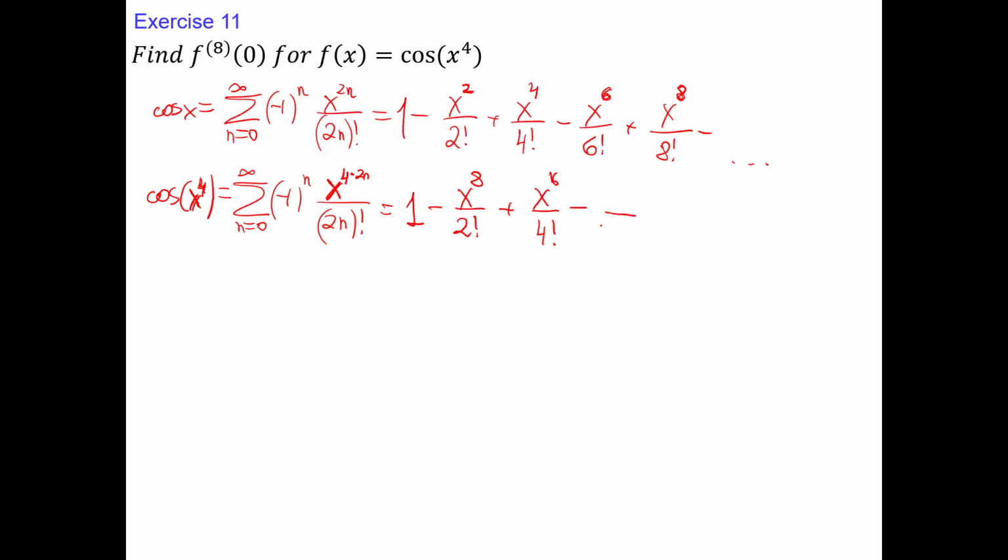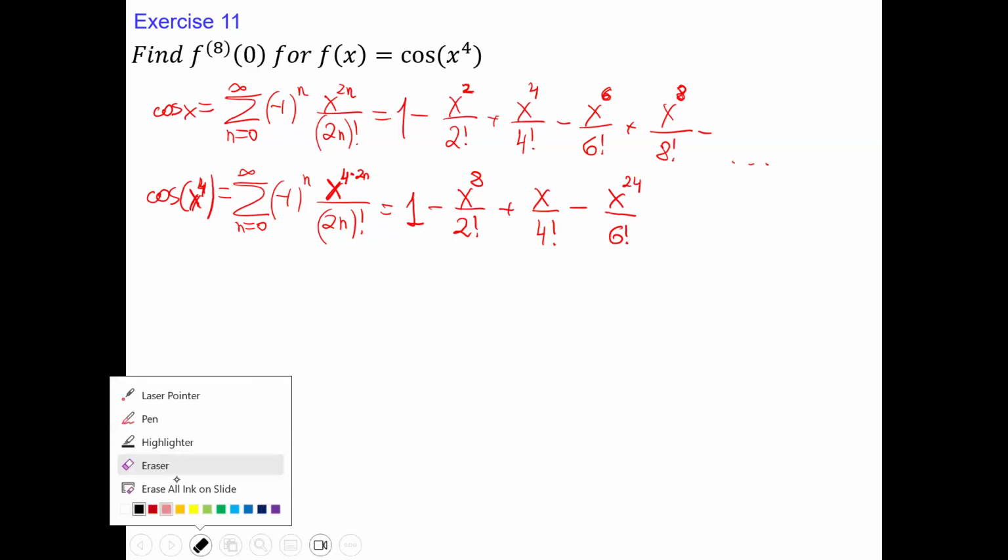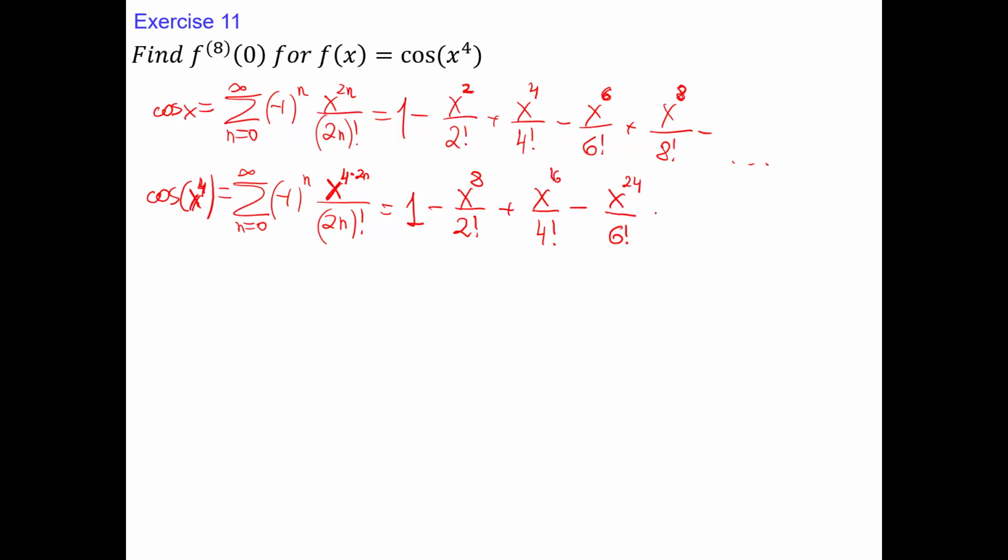If n is 3, 2 times 3 is 6 factorial, and 6 times 4 is 24. And maybe one more: if n is 4, this will be 2 times 4 is 8 factorial, and 8 times 4 is 32.